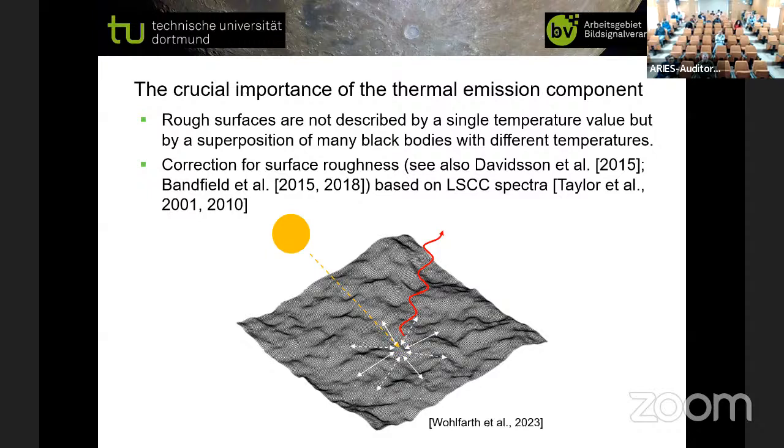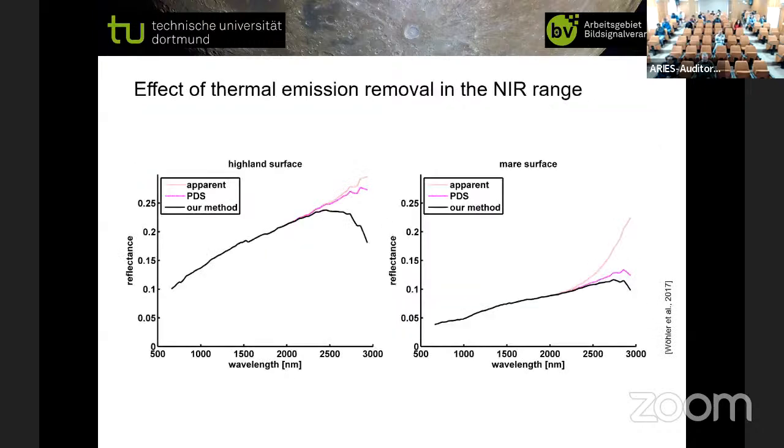And one of my students last year presented the first version of his thermal model of the lunar surface that we developed for applying it to infrared hyperspectral measurements of Mercury for the BepiColombo mission in which we are involved. But for the moon, it works fine also.